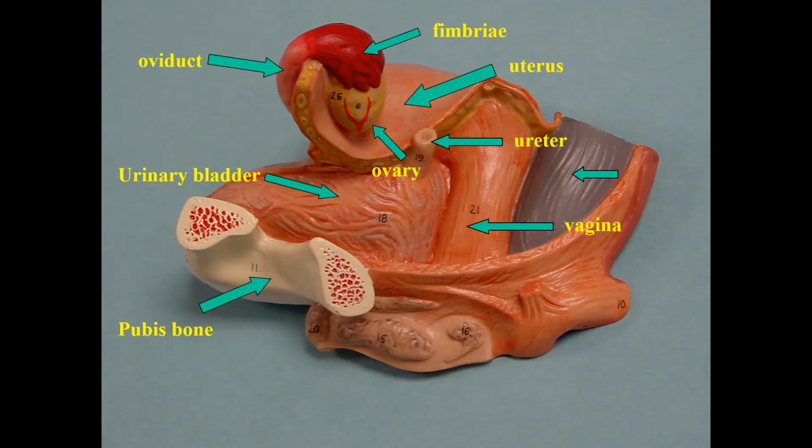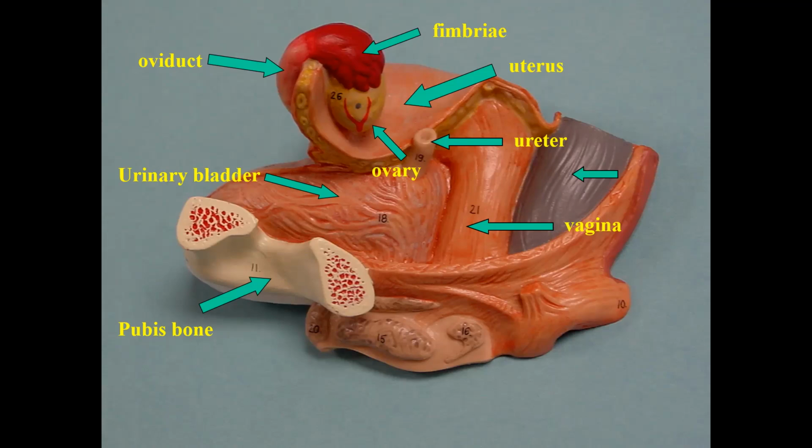Okay, what happens is that the two hormones that affect the ovaries are follicle stimulating hormone and luteinizing hormone. We'll get into that in repro in lecture. But follicle stimulating hormone stimulates eggs.